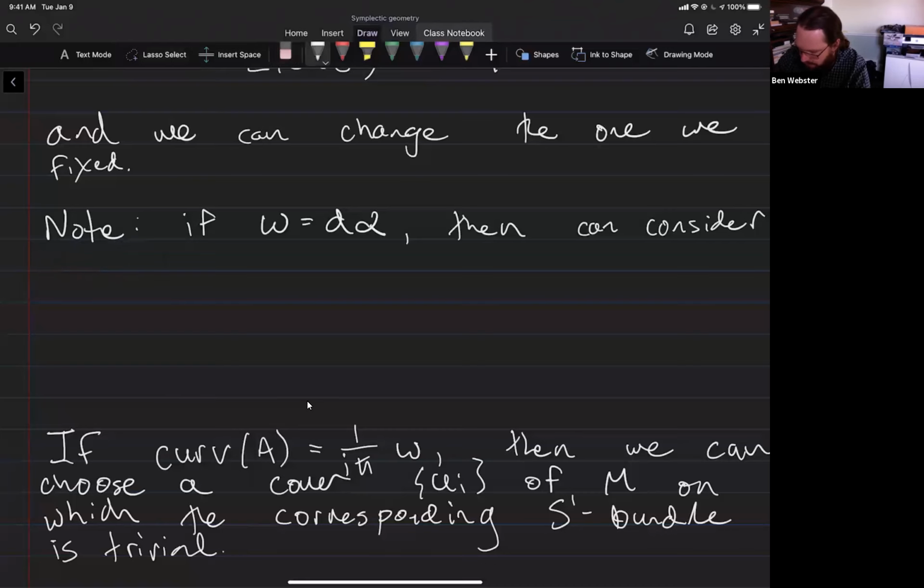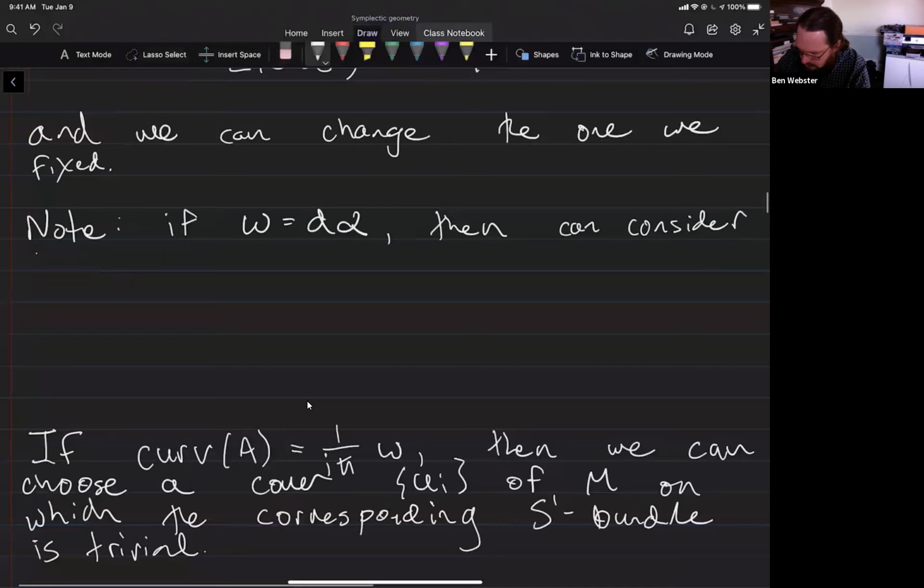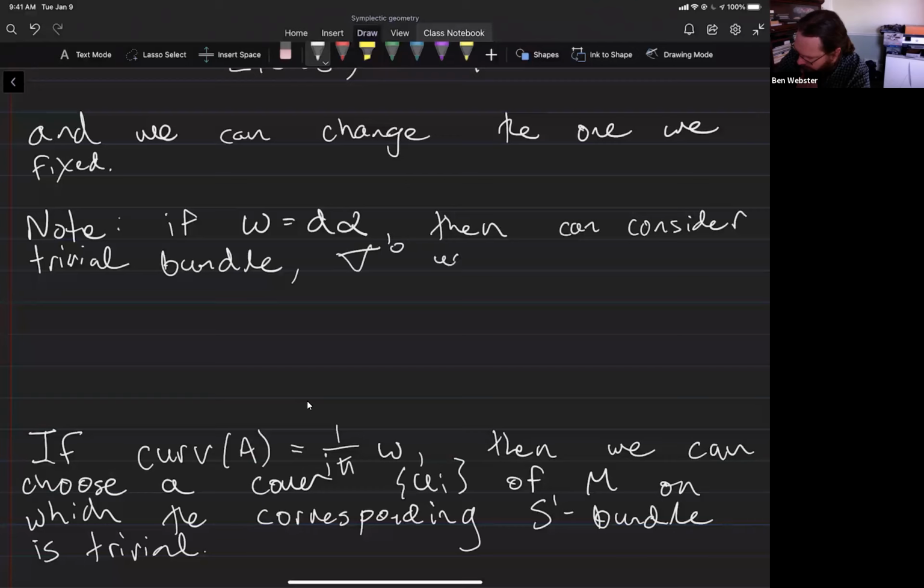Consider the trivial bundle. So I'm defining a covariant derivative on just usual old functions. I'm going to let this nabla 0 mean the usual covariant derivative.